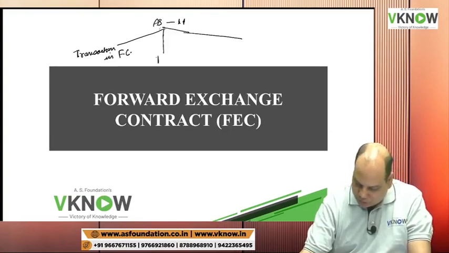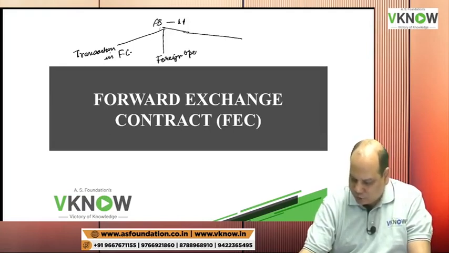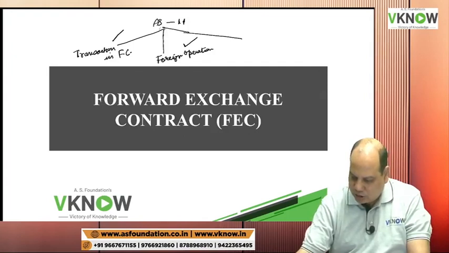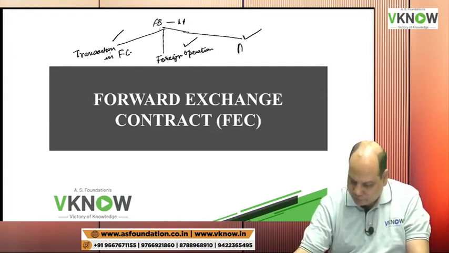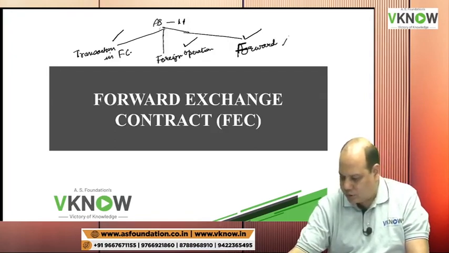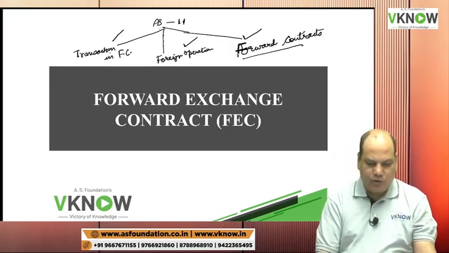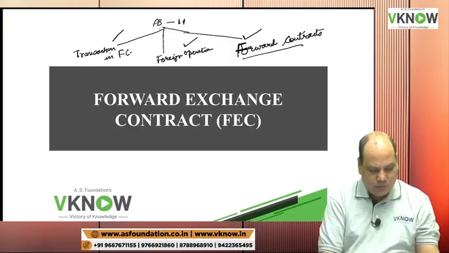Then second part was translation of financial statement of foreign operations. These two parts we have covered. And now the third part is forward contracts. So everybody please come to third part now.